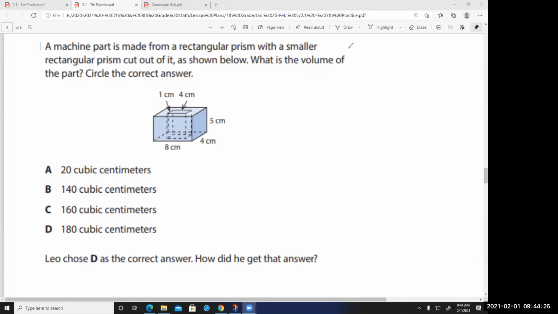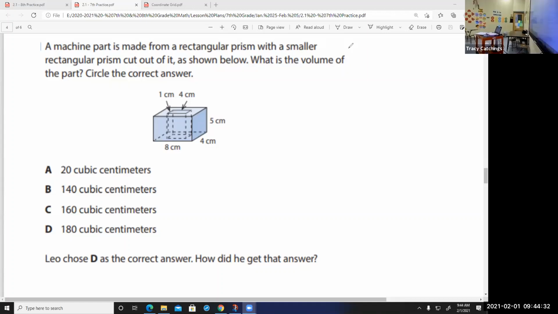Actually, it's kind of like it's on the side. We ain't heard none of that, Jakiriana. Type it in the chat. And then we got a smaller piece that they said they cut out of it. So what do we need to do?